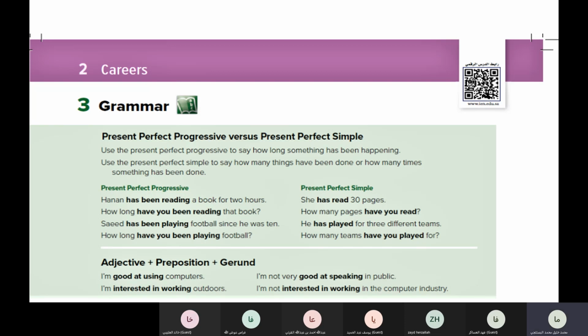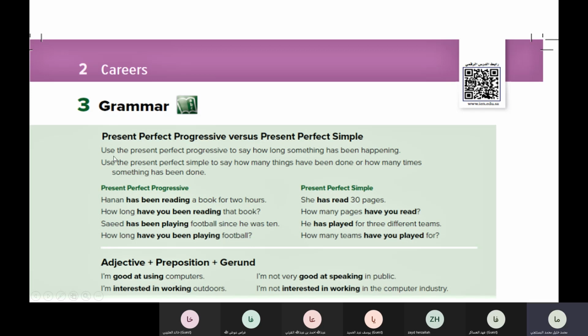It also functions like the present perfect. So they are the same. They are the same because they are used with actions started in the past, happening up to now, and may continue in the future. But here, if you look at the definition, we have what? We have some differences between them.